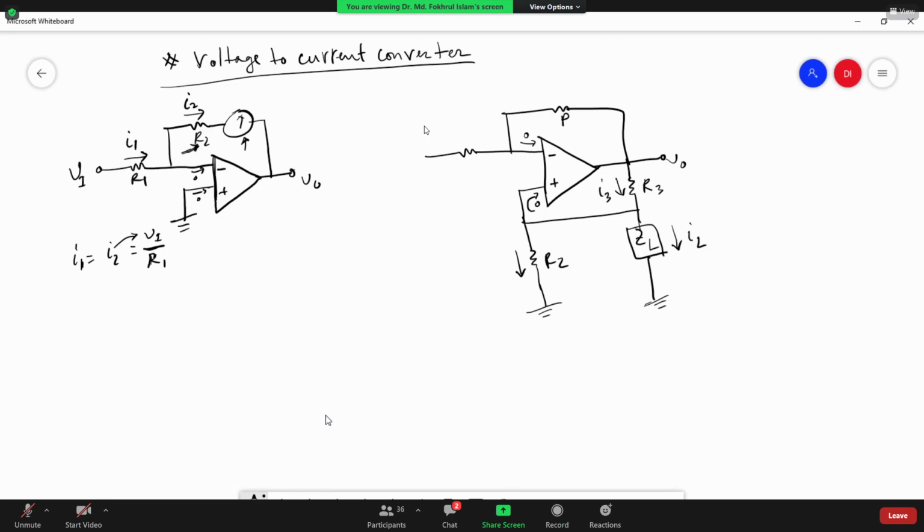Feedback resistance RF, maybe is I2, this R1 is I1, input is VI, and it can be I4.